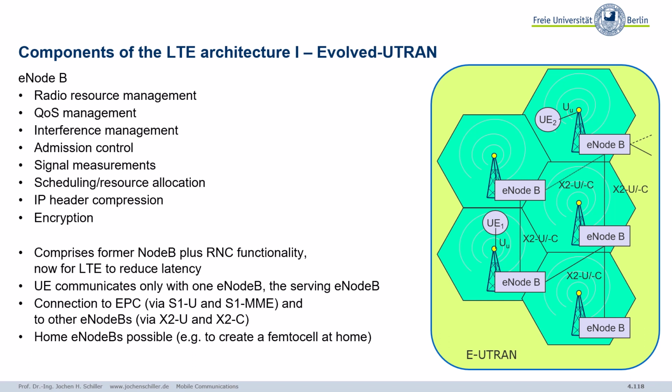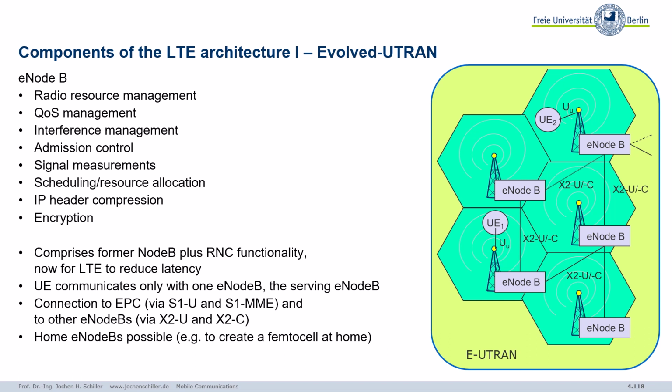That's quite important for handover, resource allocation, and scheduling, so which packet to pick now to transmit, depending on the quality of service we want to guarantee. We want to guarantee a bit rate, we want to guarantee a maximum delay. You learned already a bit about the delay budget. We do encryption here, etc.